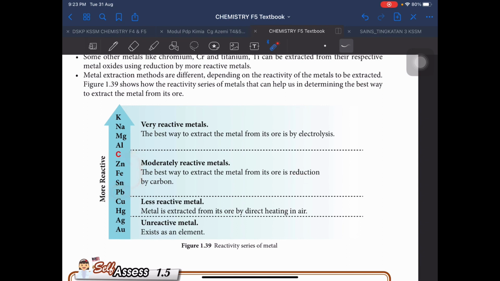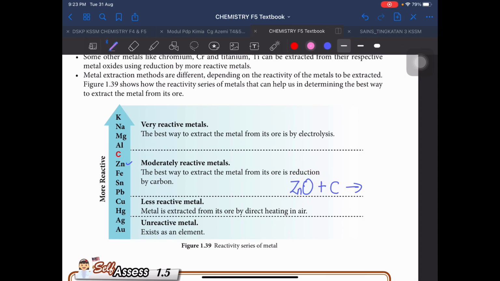So dia punya persamaan akan jadi begini. Contohnya, zinc, you want to extract zinc from its oxide. So means zinc oxide lah. Zinc oxide, you react with carbon. So what will happen after this? Are you going to see zinc again combined with the ore? Tidak kan? Sebab dia sudah di-reduce.